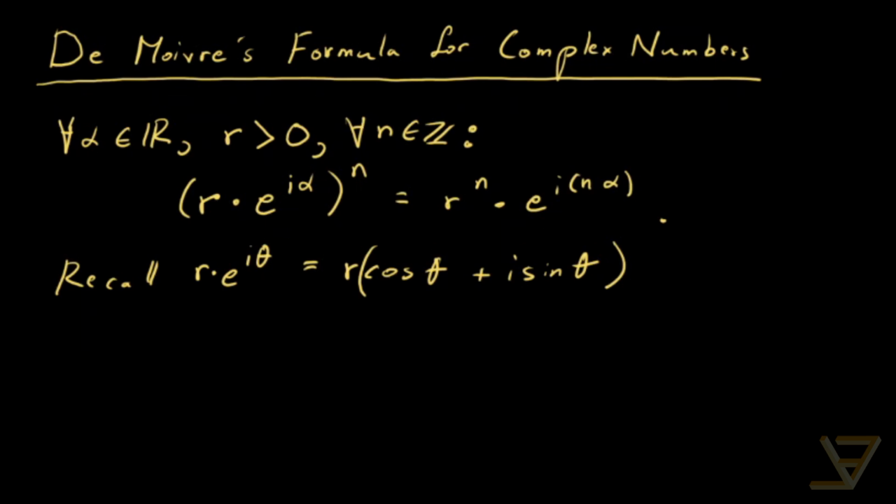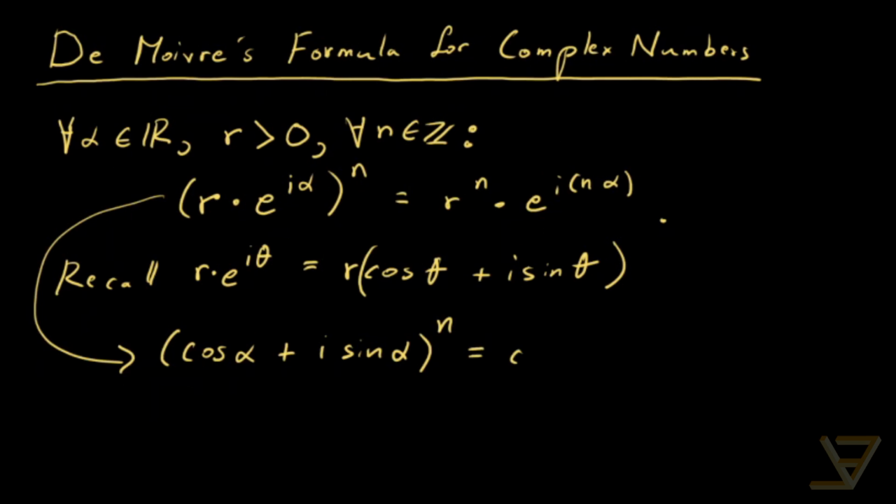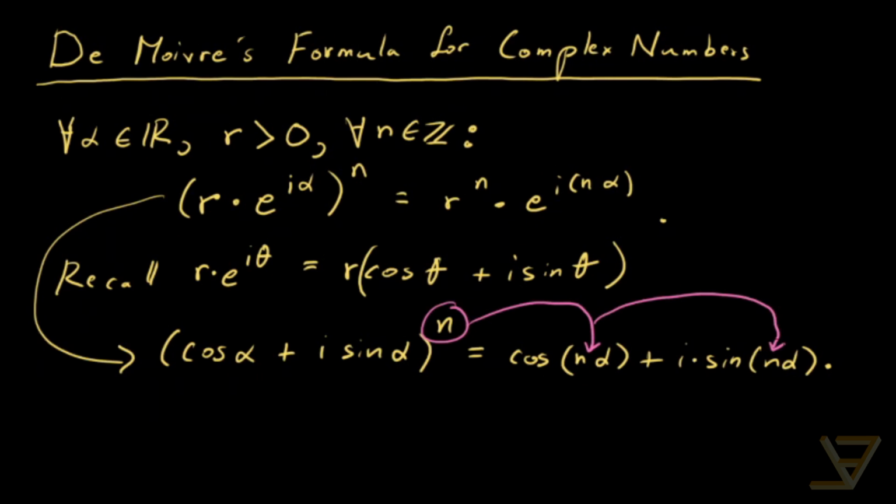So what De Moivre says is that, forgetting r for just a second, (cos alpha plus i sine alpha) to the power of n is equal to cos n alpha plus i times sine n alpha, which is actually pretty amazing because we're starting with an exponent and then it goes inside to where the arguments are.